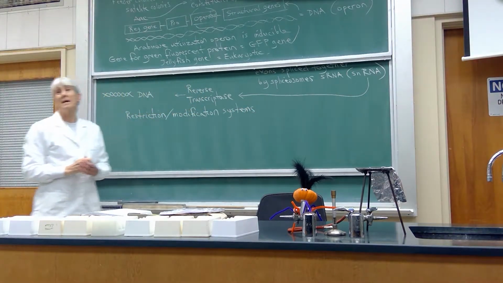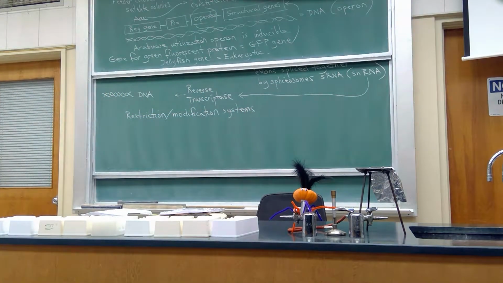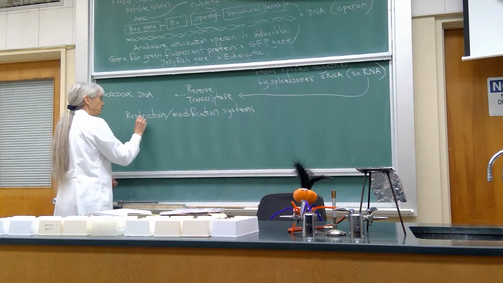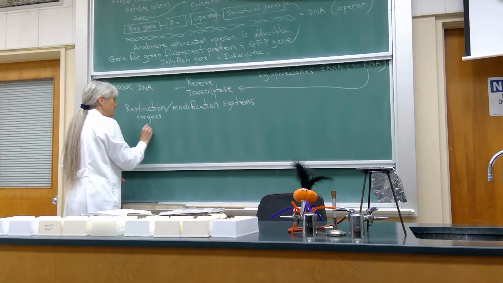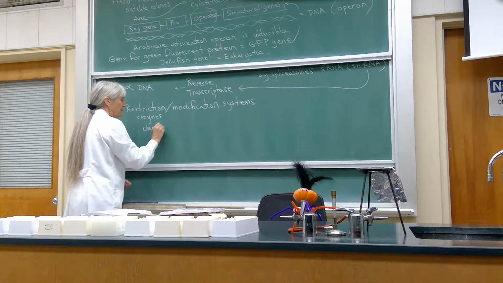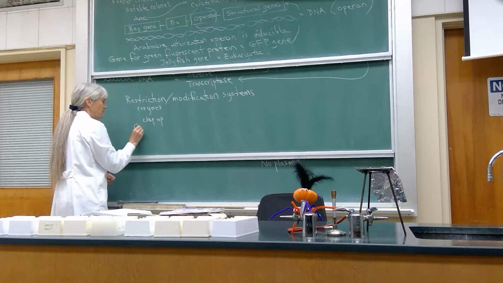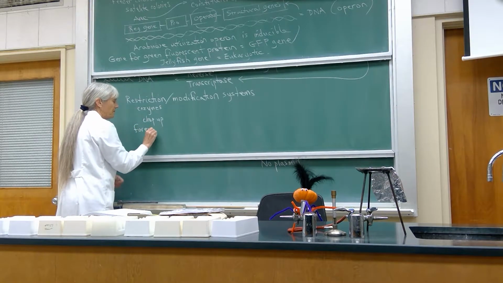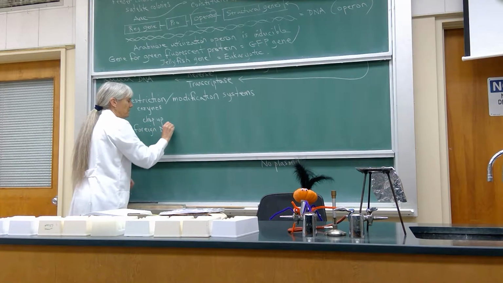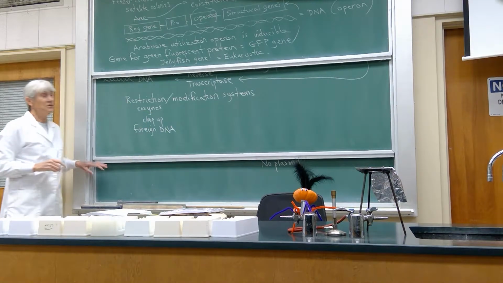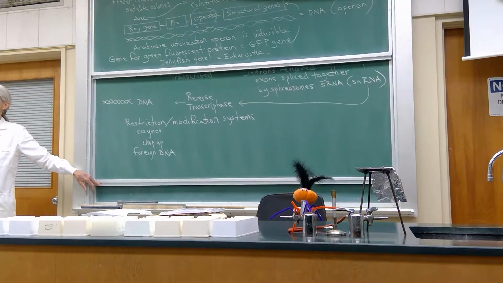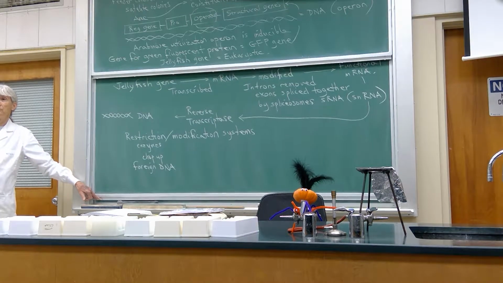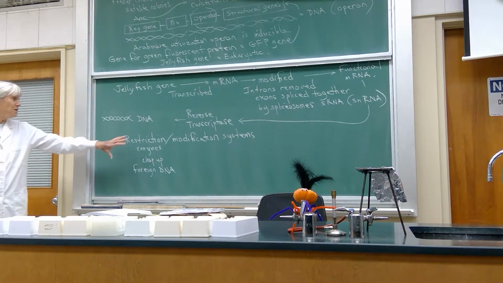Remember I said bacteria have restriction modification systems? So they have restriction enzymes. The function of restriction enzymes is to chop up foreign DNA. They're primarily a defense against viruses. Viral DNA is recognized as foreign. Their job is to chop it all to pieces.